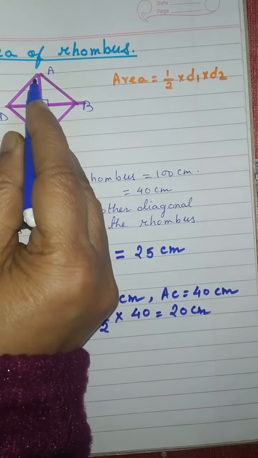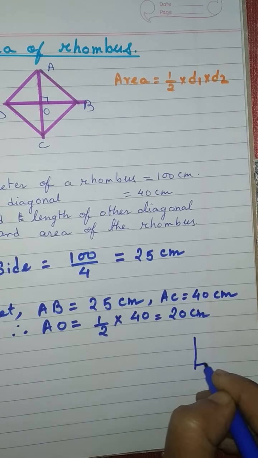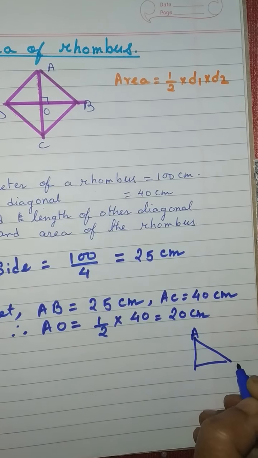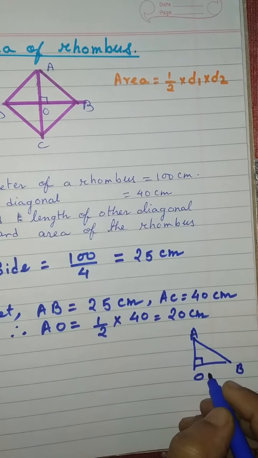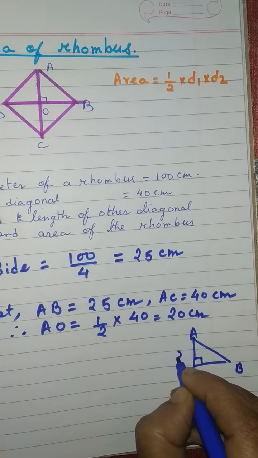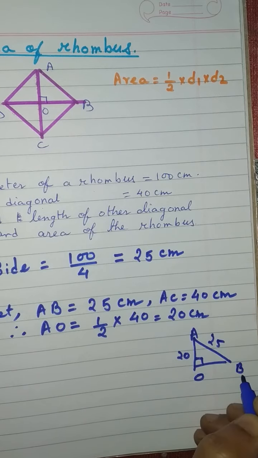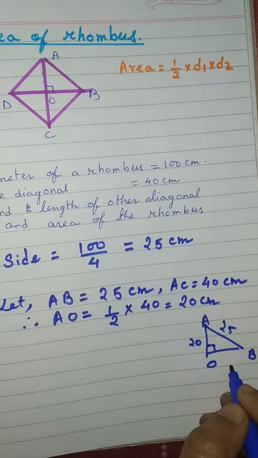Now if I consider this triangle ABO, I am just drawing this triangle roughly. Angle O is equal to 90 degree, AO is equal to 20 centimeter, AB is equal to 25 centimeter. We want to find out OB by using Pythagoras theorem.